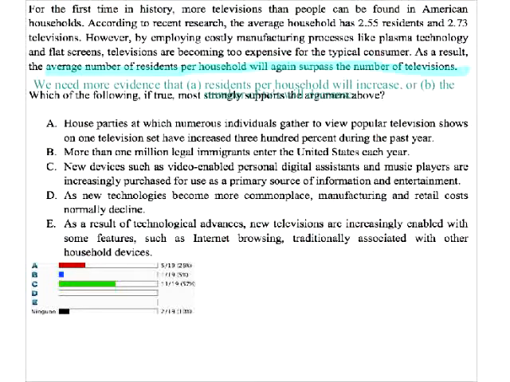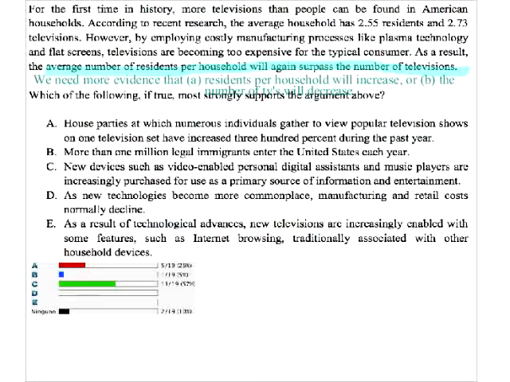So either one of these would be legitimate. If you have evidence that the number of residents per household will actually go up, then that would also support the conclusion. If you have evidence that the number of TVs will decrease, that would also support the conclusion.